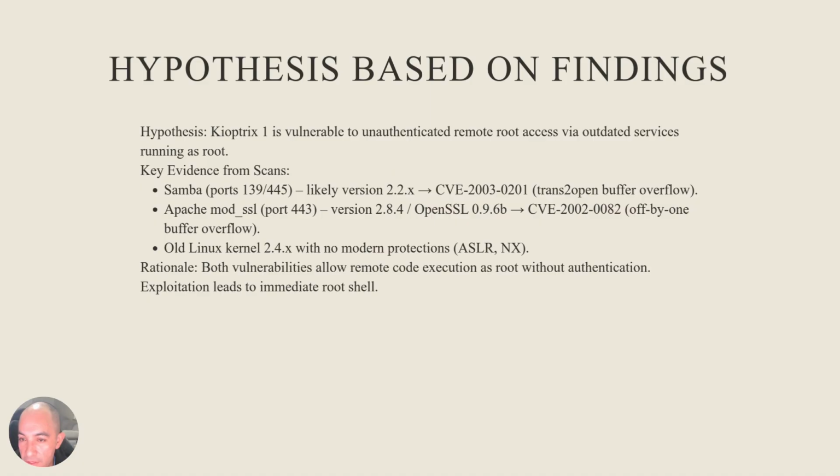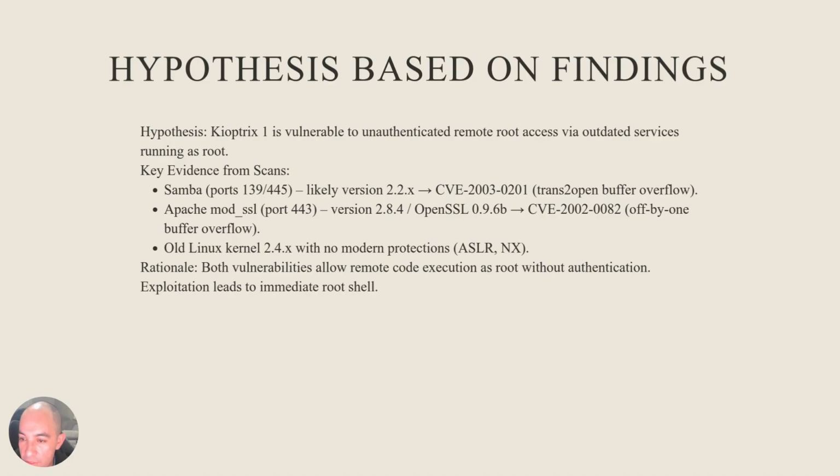Hypothesis based on findings: Kioptrix 1 is vulnerable to unauthenticated remote root access via a service running as root. Key evidence from the scan: number one is Samba, two Apache, and three old Linux.